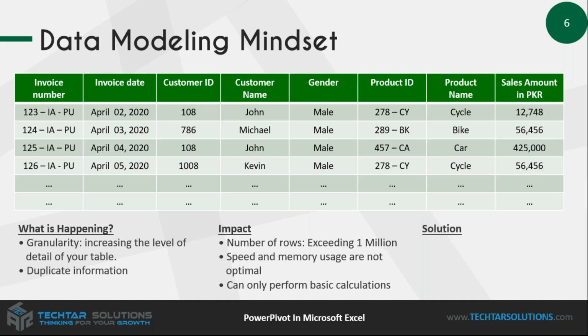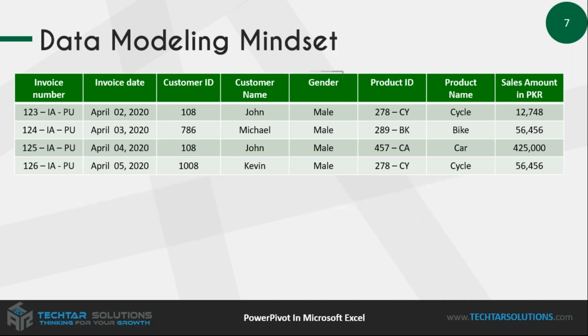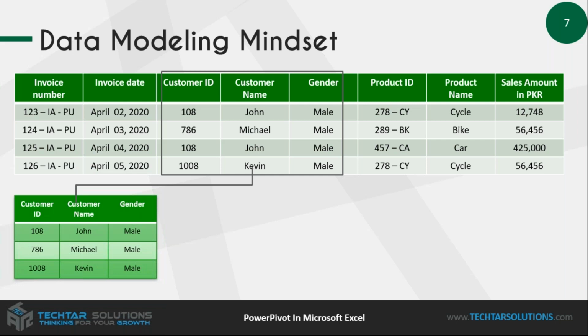So what's the solution? The solution is we have to leverage the data model by identifying business entities, and for each business entity we have to create one separate table, right? In our example, we have customer as one business entity.